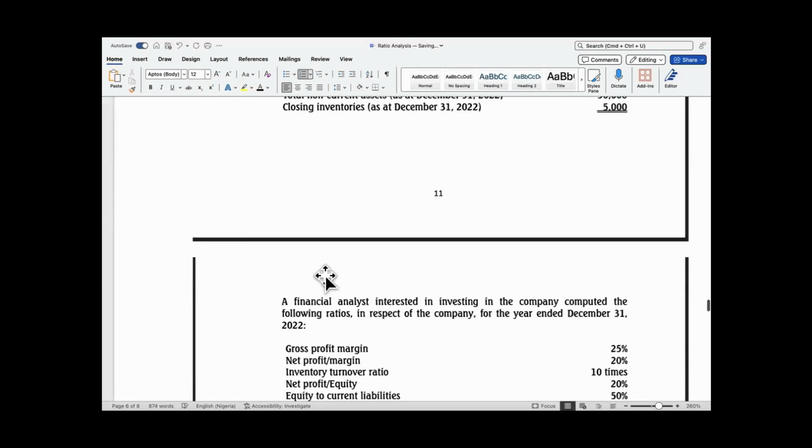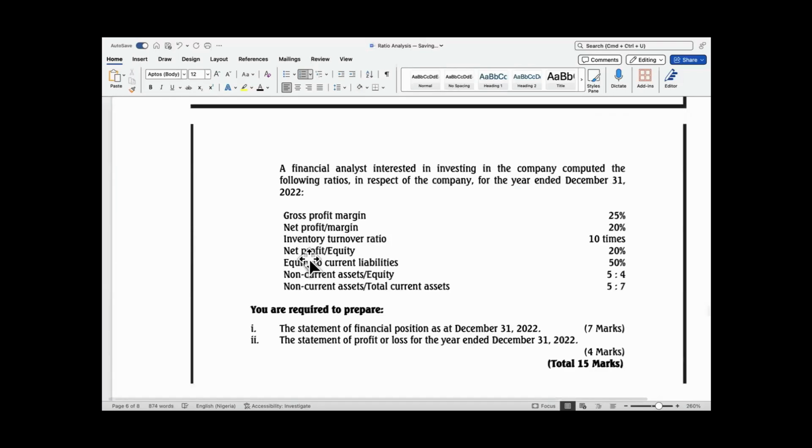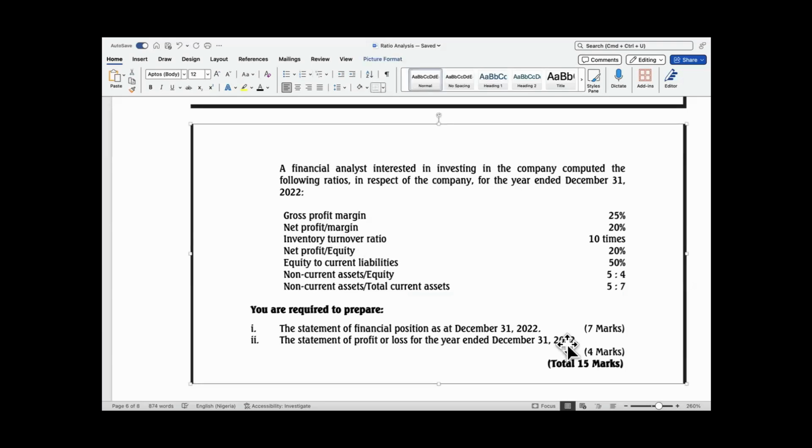But let me just show some skills and break down this inventory turnover period. Let me use average inventory so that I can get opening and closing inventory, and when I get opening, I can get purchases so that I can have a robust statement of profit or loss. If there is any mark in the exam, though it's 4 marks, I might not do this, but let me just show you.